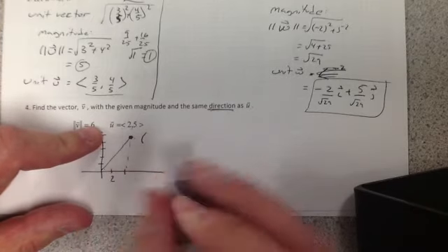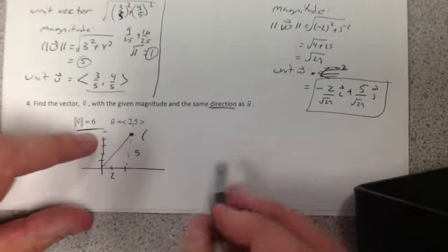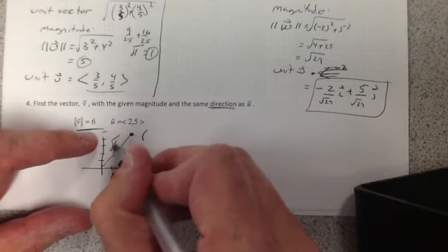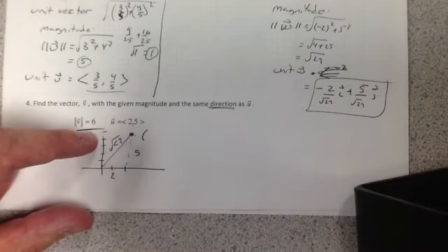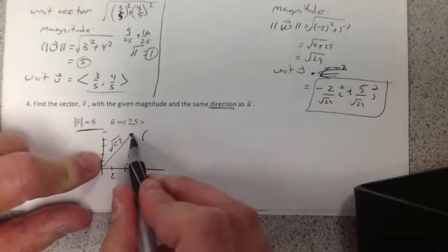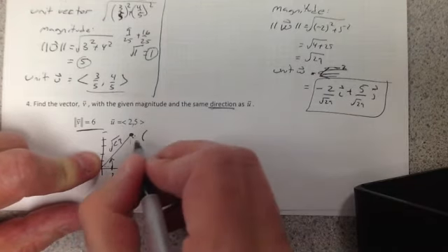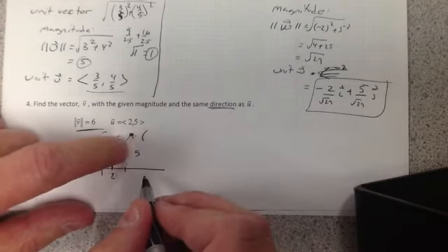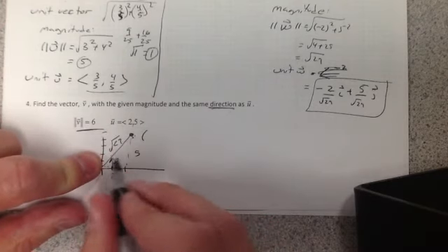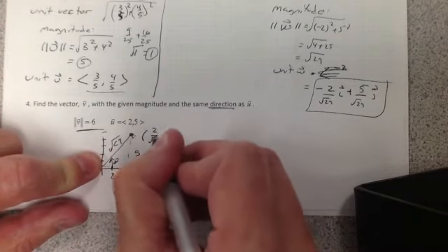This is 2. This is 5, and using Pythagorean, this is the square root of 29. So I want to find out where this point is located. If I think trigonometry, this is just the cosine of the angle, which is adjacent over hypotenuse, 2 over the square root of 29.